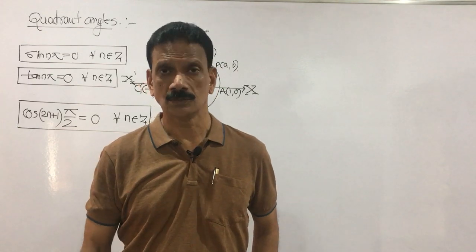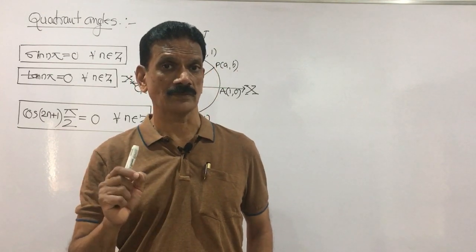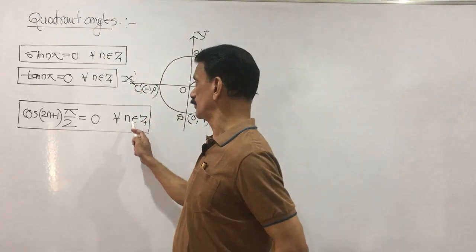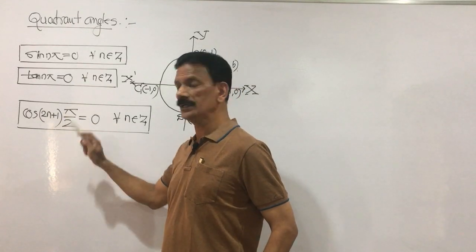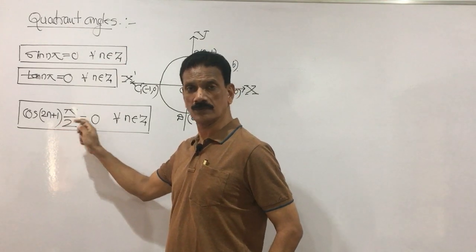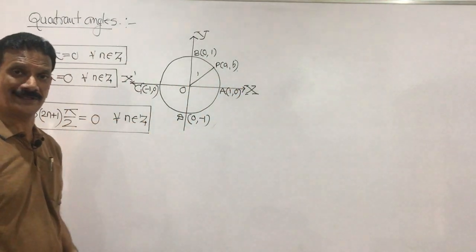Remember these very important things, where 2n plus 1 is an odd multiple. Because if you take any integer, for example n equal to 0, you get 1. If you take n equal to 1, you get 2 times 1 is 2, plus 1 is 3. Like that, it always gives an odd number, therefore it is 0.